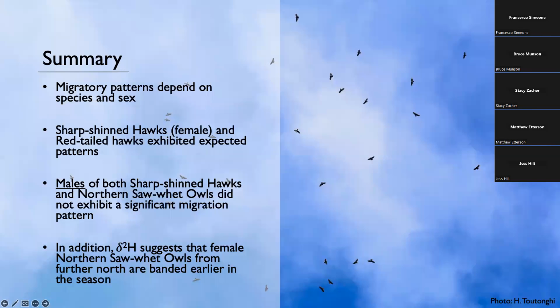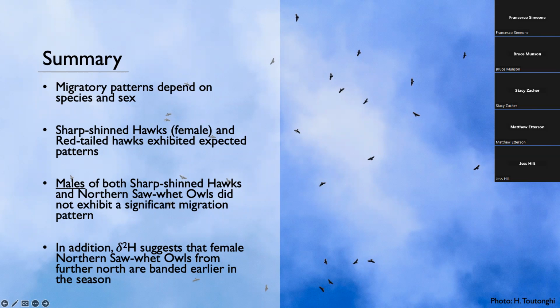So just to briefly summarize that, we found that migratory patterns depended on species and sex, and that sharp-shinned hawks and red-tailed hawks exhibited the expected patterns.